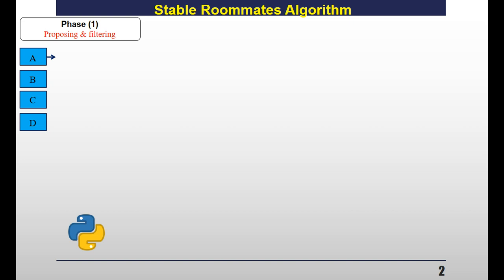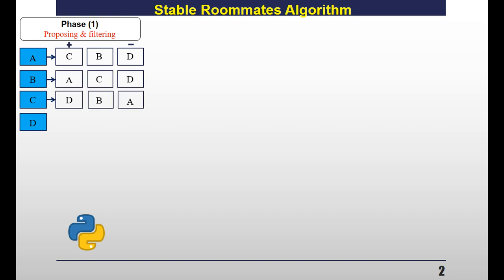So suppose A chooses C, B, and D, where C represents the most preferred one to A and D the least preferred one to A. B chooses A, C, and D, C chooses D, B, and A, D chooses B, A, and C.